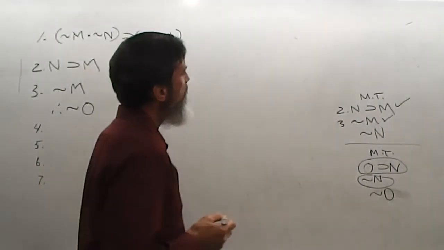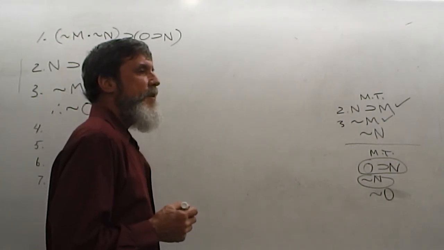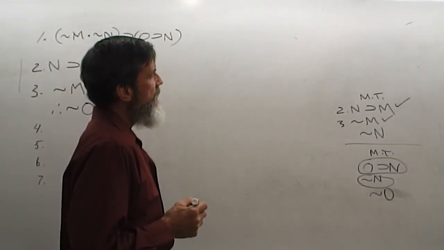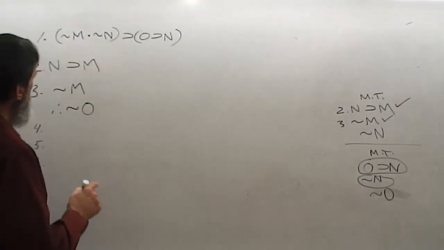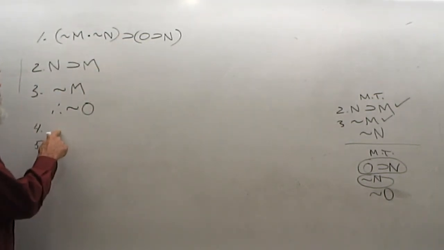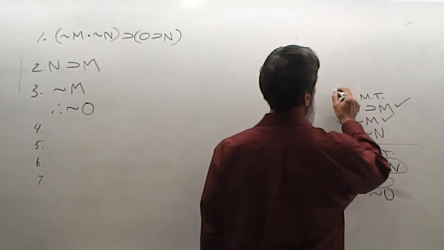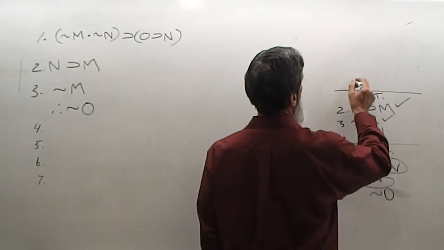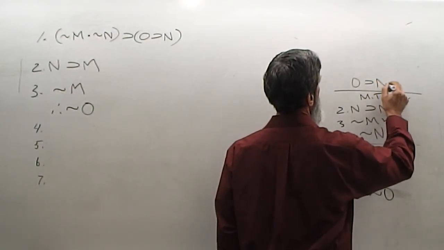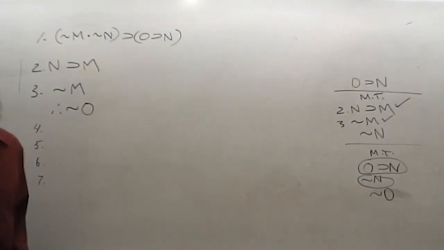Oh, wait. I think we're going to have to get it early on. We'll see. We'll leave these numbers out for now. What about O horseshoe N, which exists in line 1? Modus ponens?